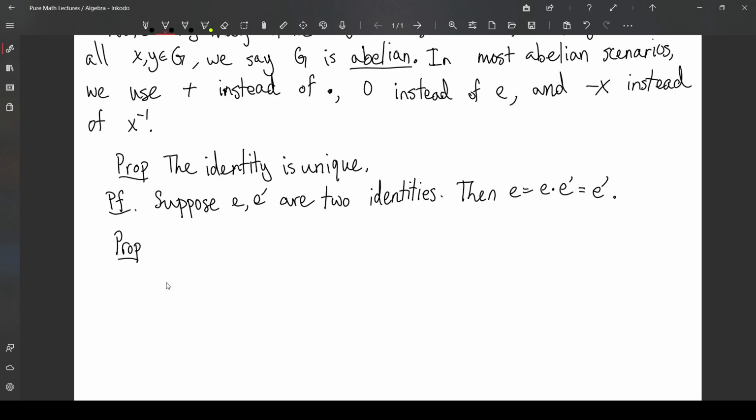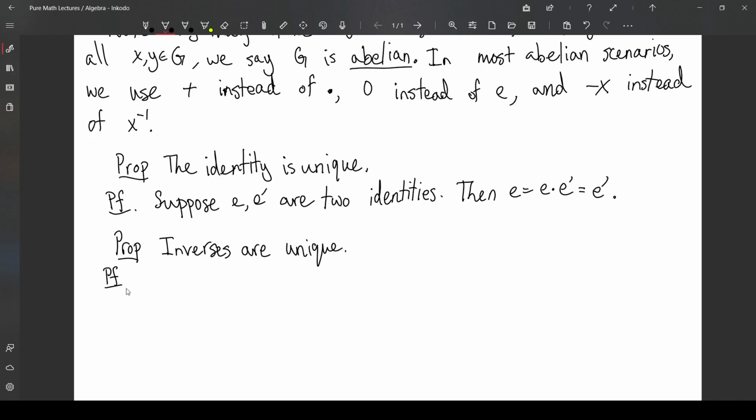The next proposition is fairly straightforward as well, and that is inverses are unique.